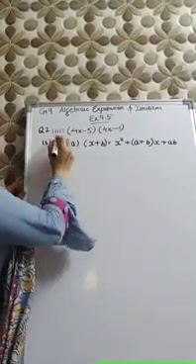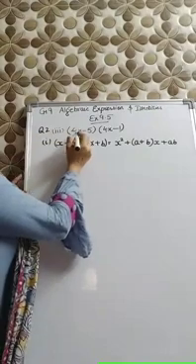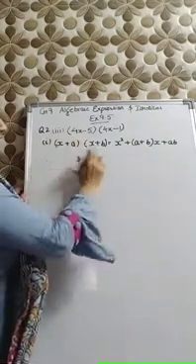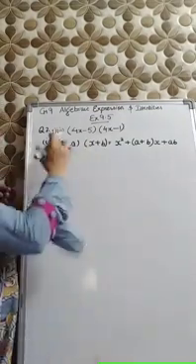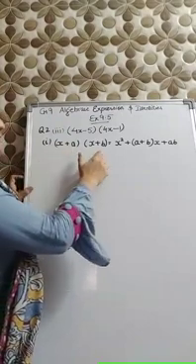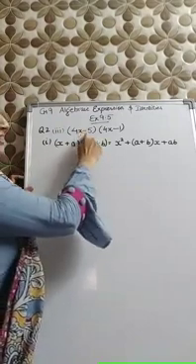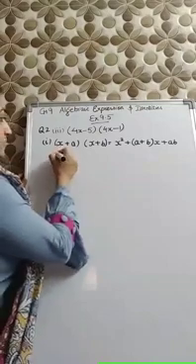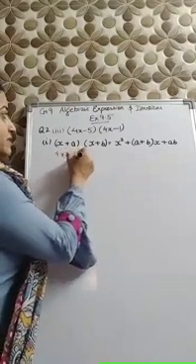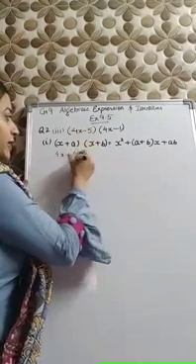Now let's start the third part. Compare this third part with the identity. In the identity we are having positive sign, but in the question we are having negative sign. And this identity is for only positive sign. So let's change this negative sign to positive first. This is 4x. Put here positive sign and take this minus 5 in the bracket.